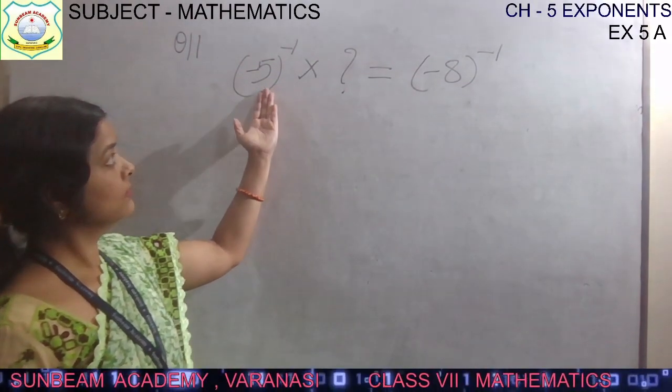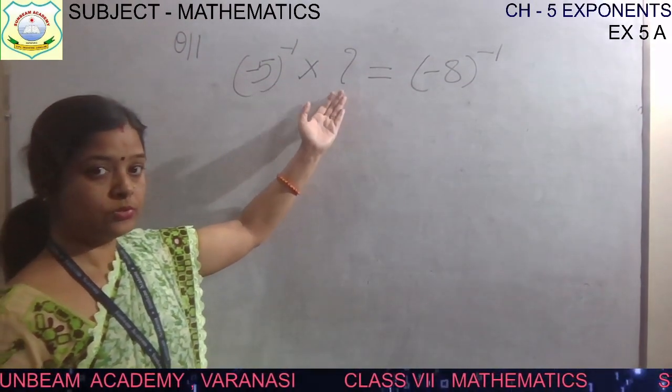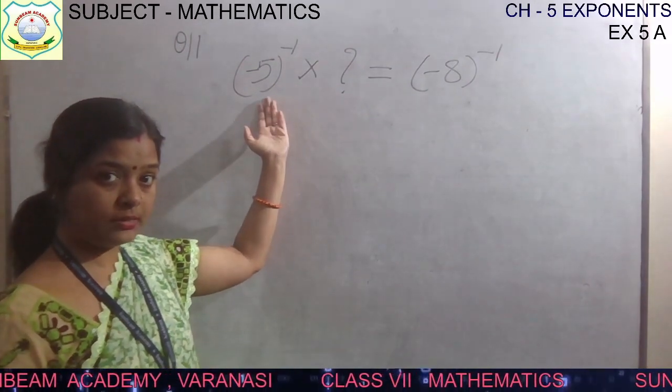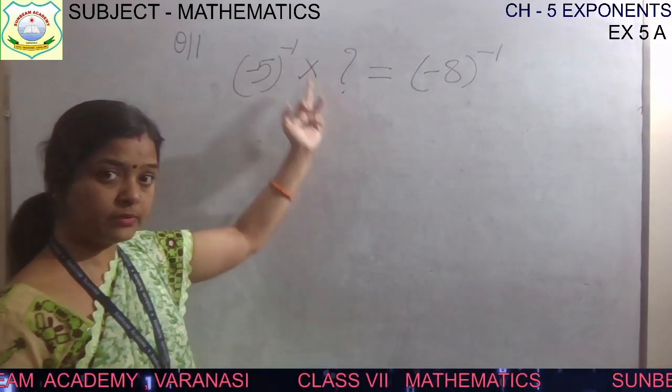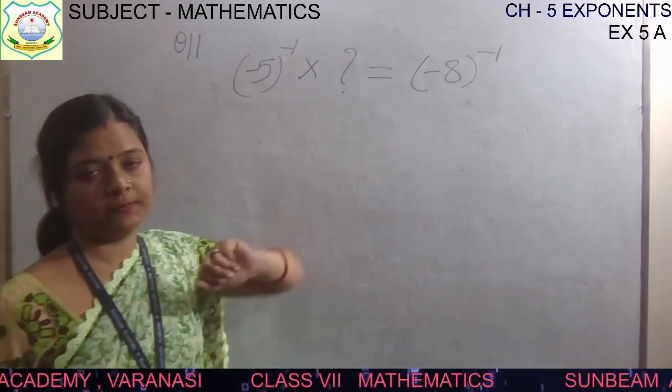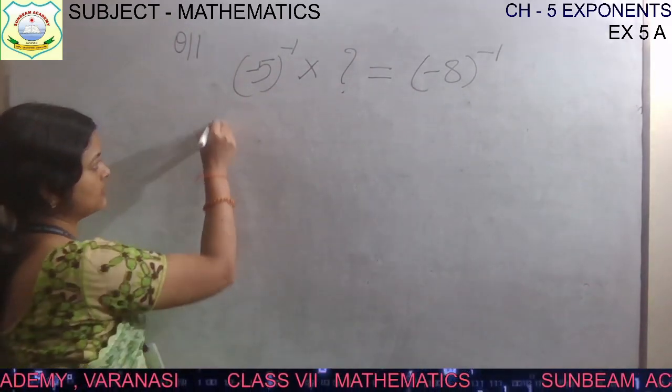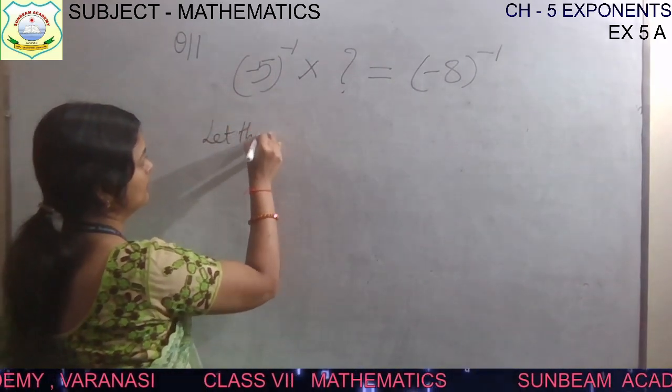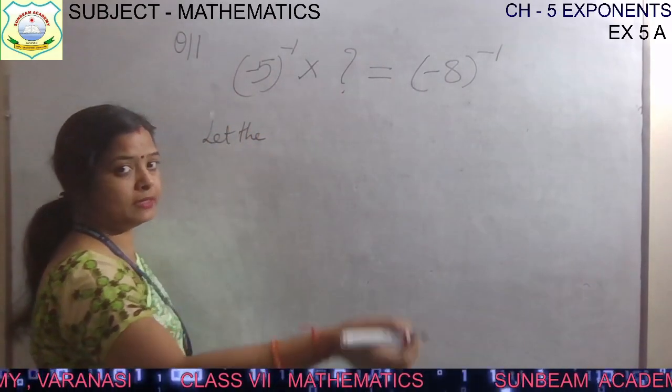By what number should this minus 5 to the power minus 1 be multiplied to get minus 8 to the power minus 1? So let the number be x. Let the number to be multiplied be x.